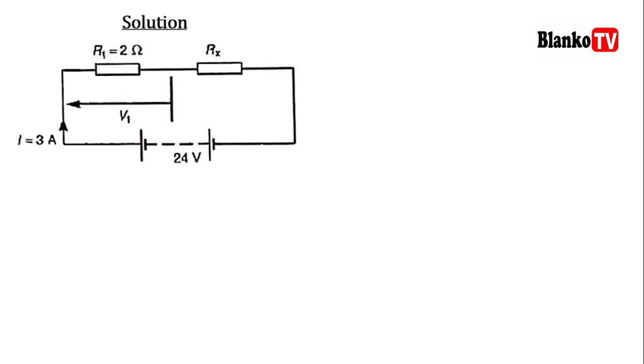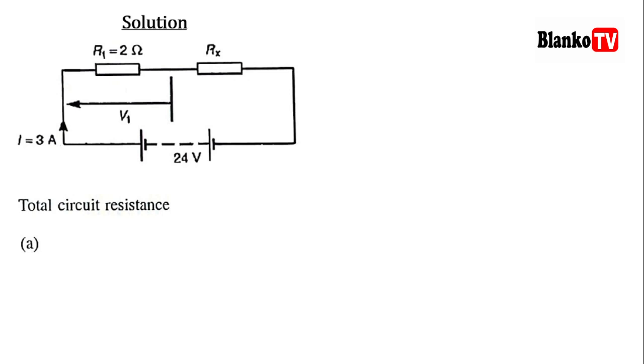Then the PD across R1, which is also unknown. Question A says we should calculate for the unknown resistor, that is RX. But before we calculate for RX, we first of all have to calculate for the total resistance.